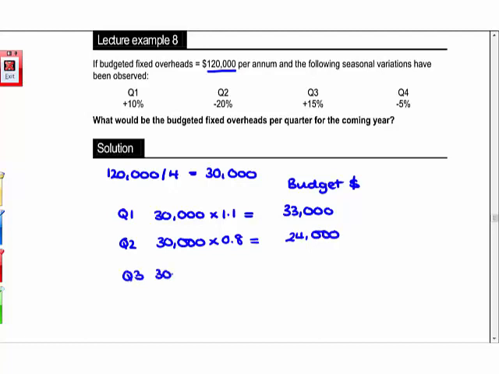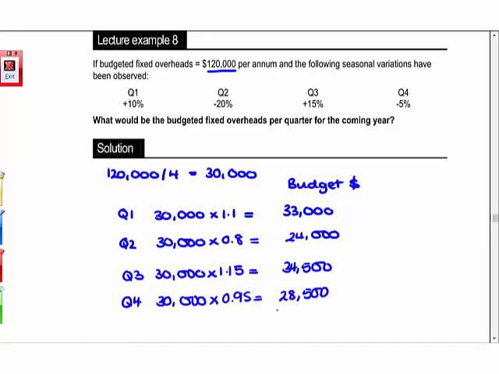For quarter 3, we're 15% higher, so we'll multiply by 1.15, which gives us 34,500. And finally, quarter 4 is just 5% below, so that's going to be multiplied by 0.95. So that's 28,500. Add all of that up then, and you'll see that you come back to your 120,000. It's just a way of allocating it during the different quarters, recognising the fluctuations in the overhead costs.